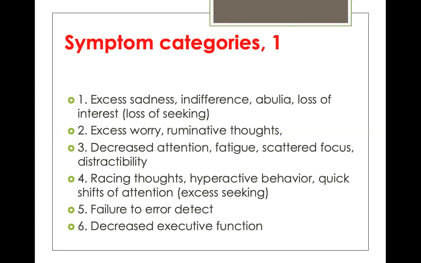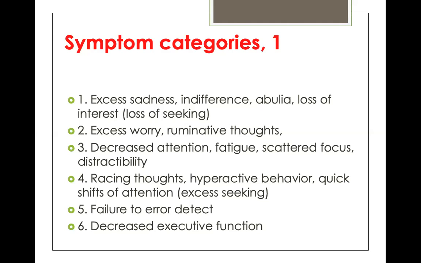A second category of symptoms consists of excess worry, ruminative thoughts, hypervigilance. A third category is decreased attention, scattered focus, distractibility, fatigue. A fourth category is excessive seeking, so racing thoughts, hyperactive behavior, quick shifts of attention. A fifth category is failure to error detect, which is so important in bipolar and psychosis.